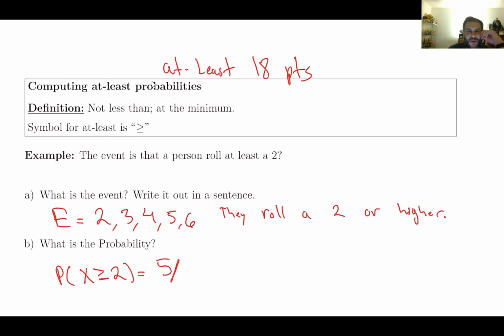Out of how many total? How many total outcomes do we have when we roll a die? 6. Perfect. So if I do 5 divided by 6, you get 0.83. That's the probability somebody rolls at least a 2.